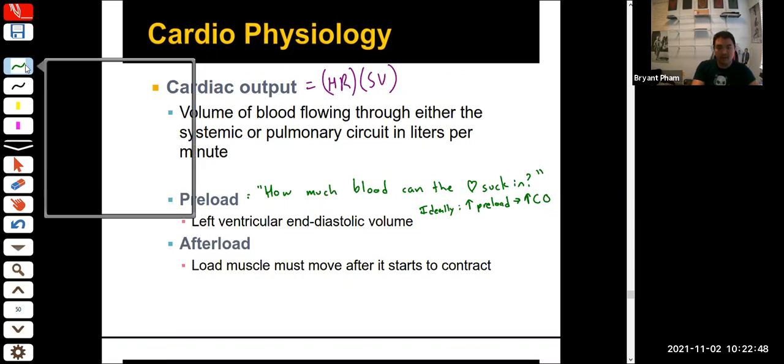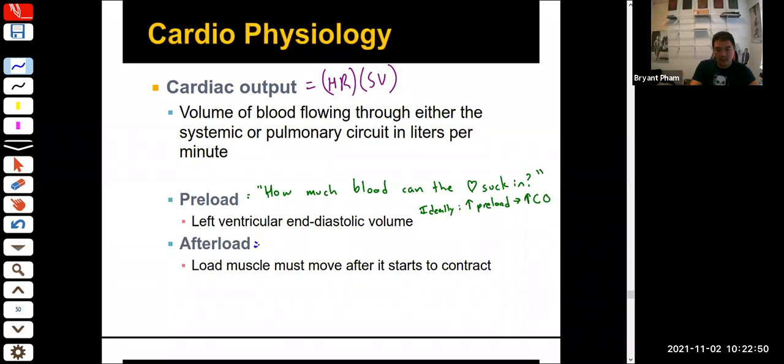Afterload, this is the resistance to getting blood out of the heart. Okay. So afterload is the resistance of getting blood out of the heart.